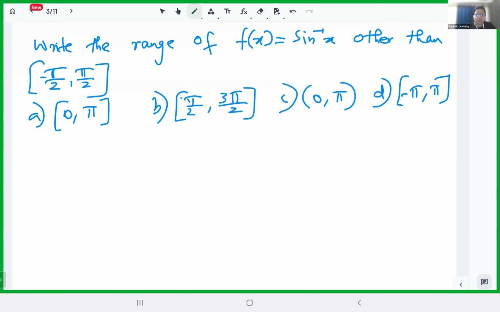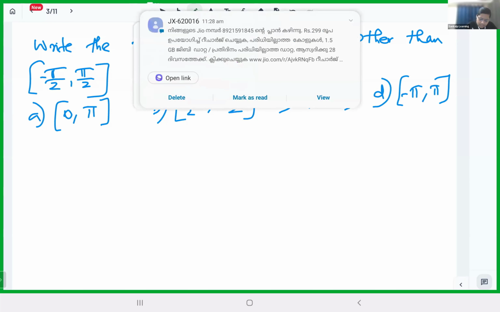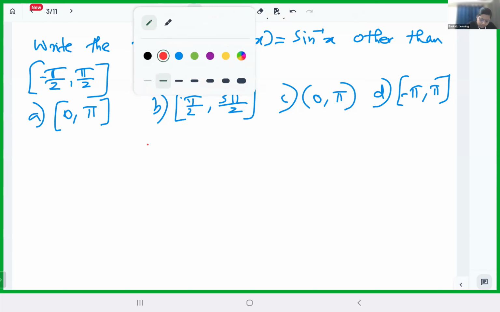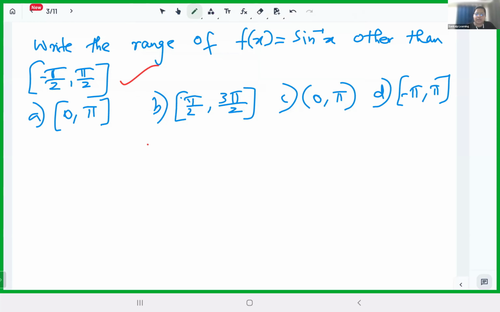All right. So we know the principal value branch of the function sine inverse x is nothing but the closed interval minus pi by 2 comma pi by 2, isn't it? The closed interval minus pi by 2 comma pi by 2 is the range of the function sine inverse x. So they are asking about another range. We know that the function sine x is invertible only in restricted intervals.